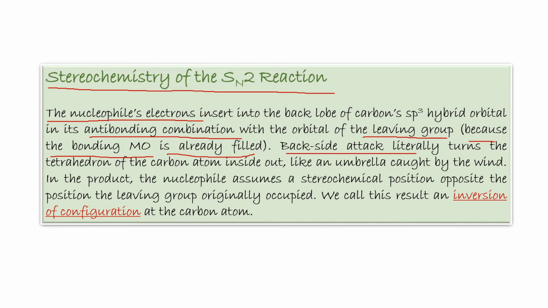Backside attack literally turns the tetrahedron of the carbon atom inside out, like an umbrella caught by the wind. In the product, the nucleophile assumes a stereochemical position opposite the position the leaving group originally occupied. We call the result inversion of configuration, inversion of configuration at the carbon atom of the alkyl halide.